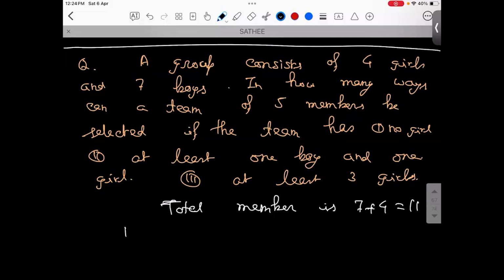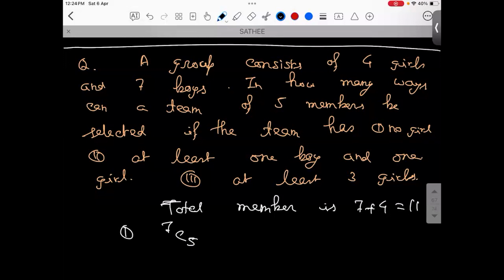So in the first case, you will get the number 7C5. Why 7C5? Because there are no girls, means you can't pick any member from these 4 girls. So even though there are total 11 members, you are left with only 7 boys.